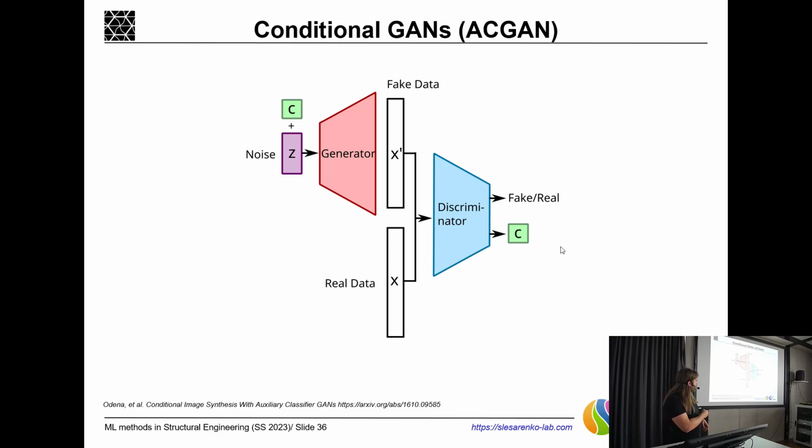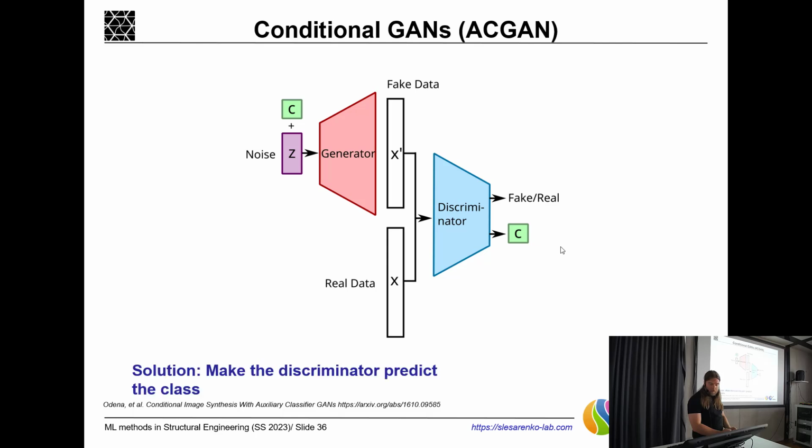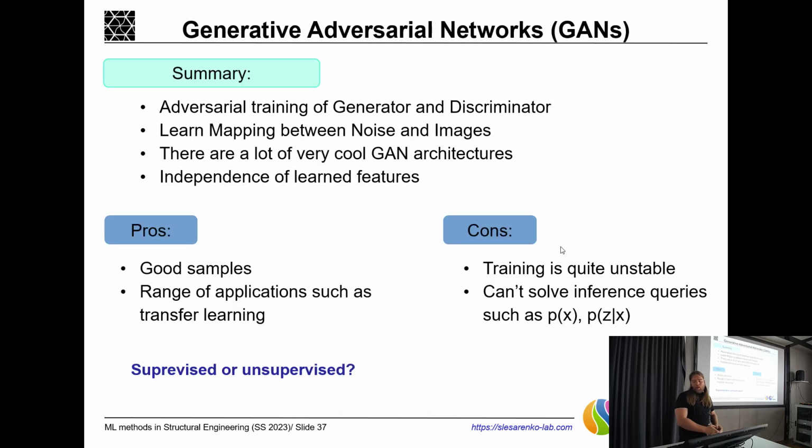And what we also do is say, okay, if we put in here a certain class, it should also match here. And with that, we can force the discriminator to pay attention to the class because it has to predict the classes of the things.